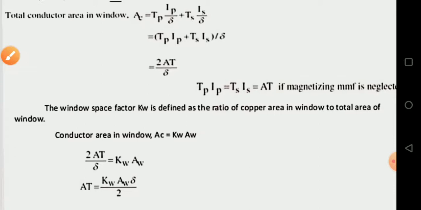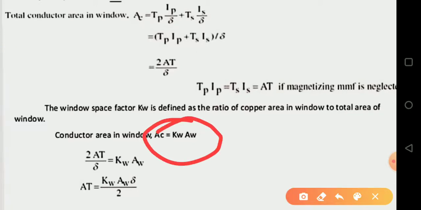The window space factor Kw is defined as the ratio of the area of copper to the area of the window. So we can say the conductor area in the window is Kw, the space factor, into the area of the window. So here the area of copper is Kw into Aw, and by the other equation the area of copper is 2 TS IS upon delta.